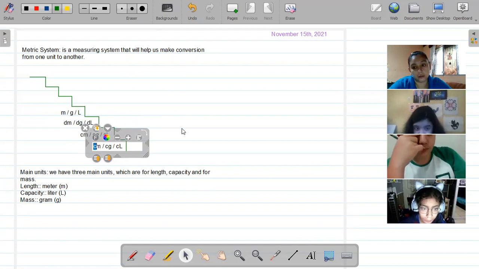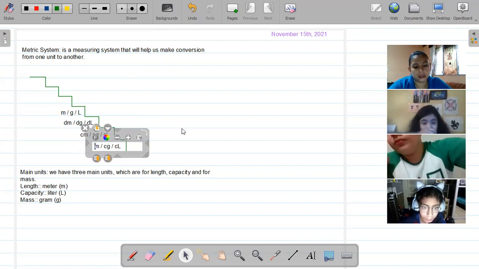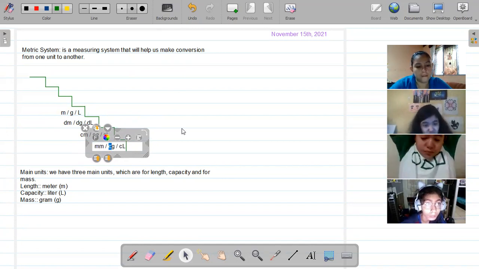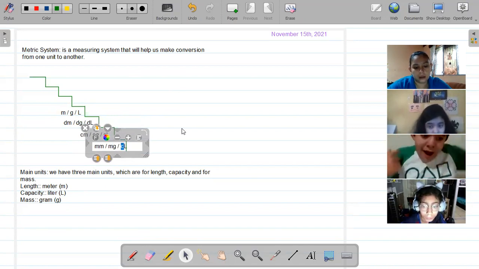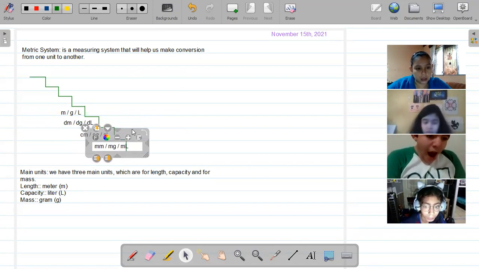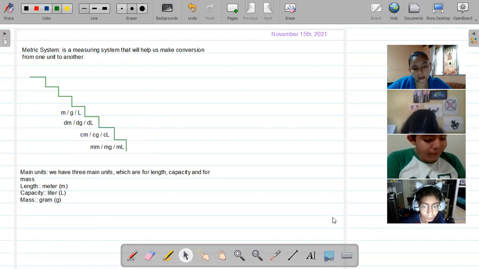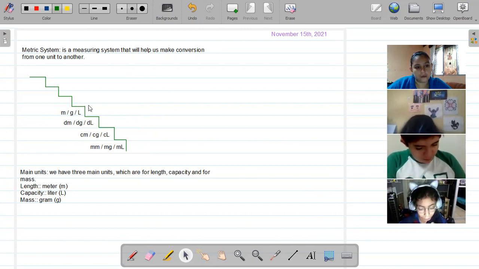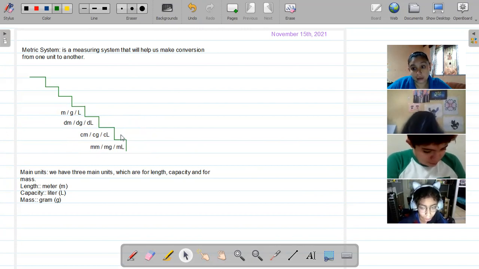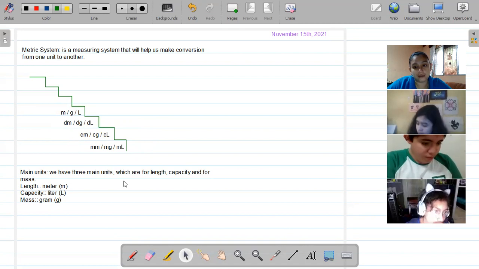And the last one that we're going to see, because there are a lot more, is millimeter, milligram, and milliliter. Those are our small units. Meter, decimeter, centimeter, millimeter. So you have 1, 2, 3. So that will be 10 to the cube. That is 1,000. 1,000 millimeters, 1,000 milligrams in 1 gram, and 1,000 milliliters in 1 liter. Those are the small units.